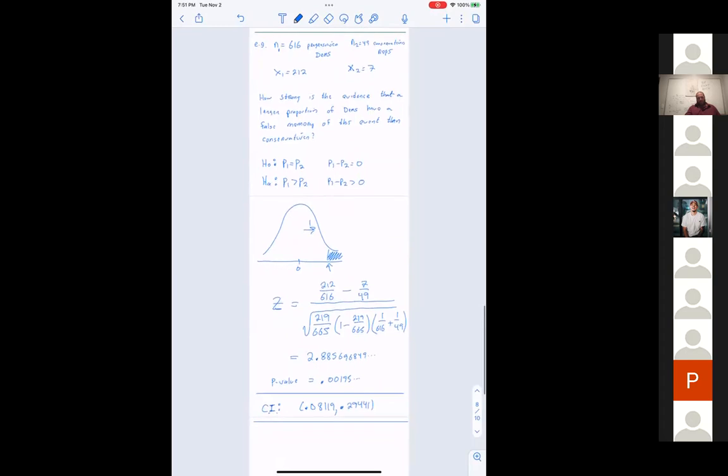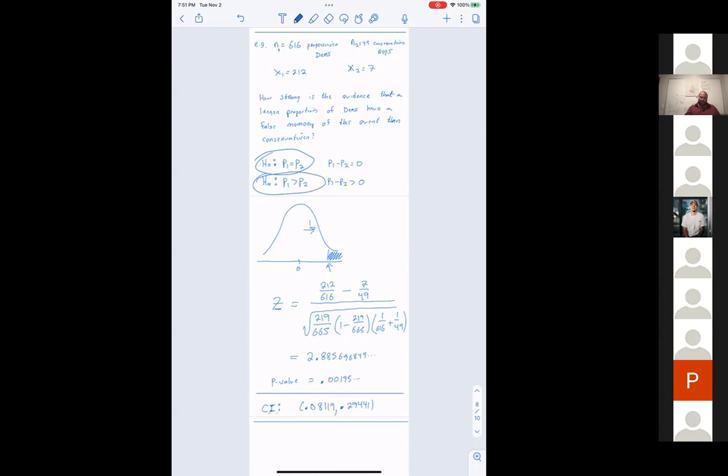Yeah, so when you say the proportion of progressives is more than the proportion of conservatives, well, isn't that what we said? But the null hypothesis said they were equal. Right? The null hypothesis is that they're equal. It's the alternative that's claiming the first is bigger than the second.